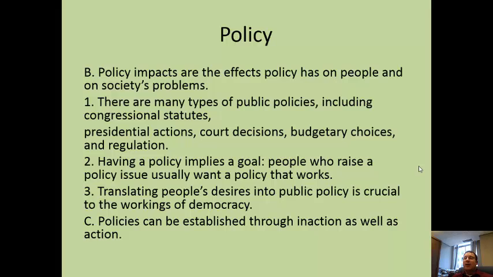So having policies implies that you're trying to seek a certain goal, right? And if you're passing a policy, you want to see that it works and works in the way you intended it. There's sometimes unintentional consequences. I work on a group that writes legislation, and sometimes that legislation works in ways that we didn't see coming, right?